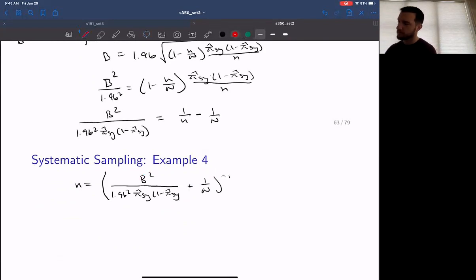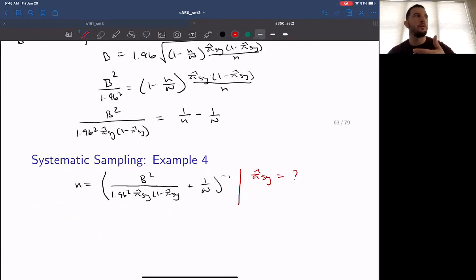Okay, so we have b, we have capital N. What do we do for the pi hat sy? This is actually a problem that you've probably seen before, but essentially the idea here is there's a value of pi hat sy that we could consider to be optimal, or the most conservative.